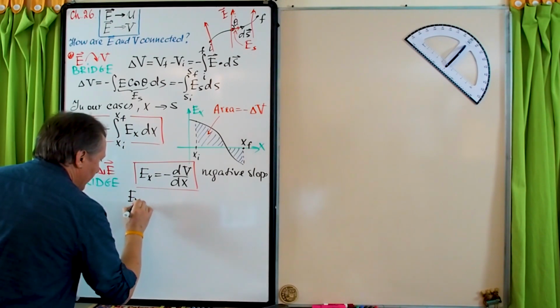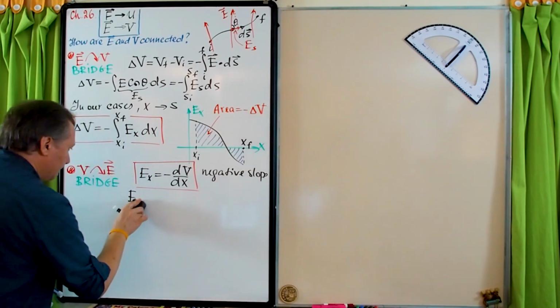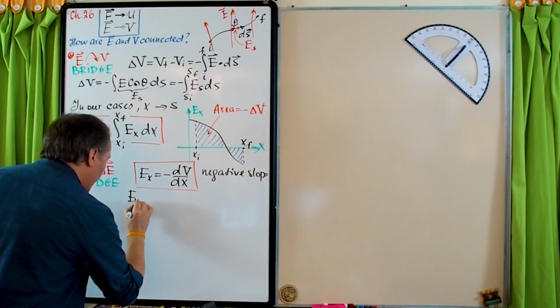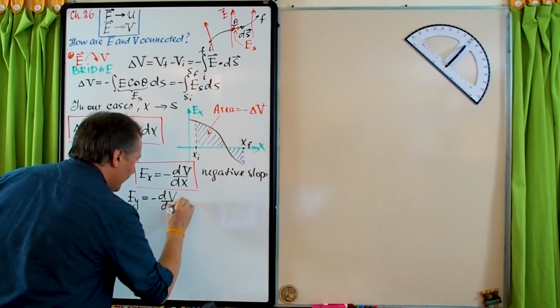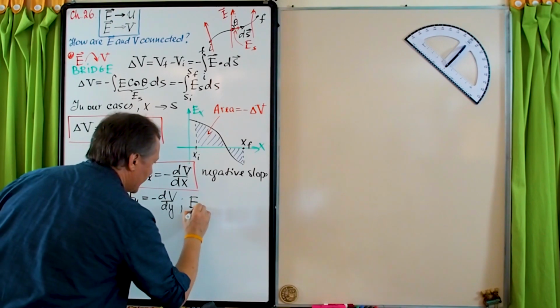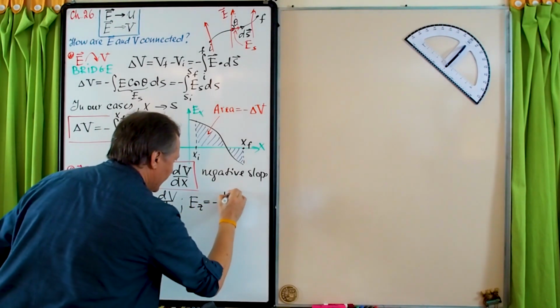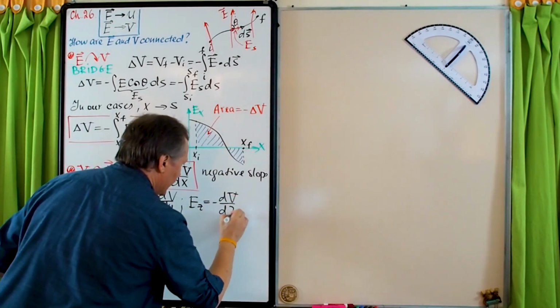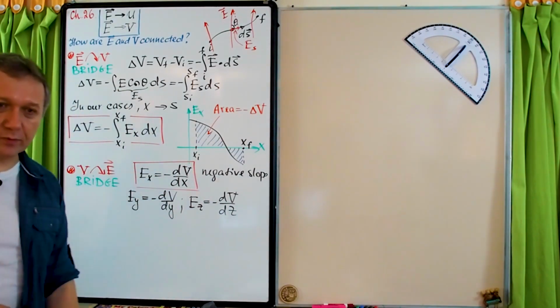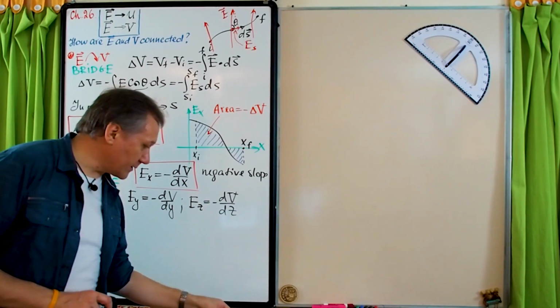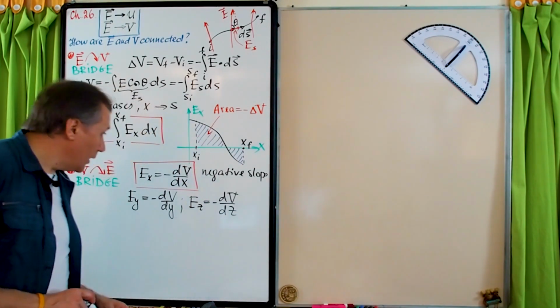E sub y will be negative dV over dy, and of course E sub z is negative dV over dz. But again, most of the time in our situations we're going to work along the x direction.